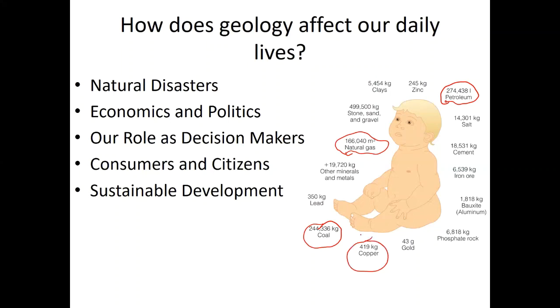Copper, we find a lot in plumbing and pipes. We also find copper in electronics, in cords and in circuit boards. Gold, we find in jewelry, obviously, and also in electronics and medical applications.